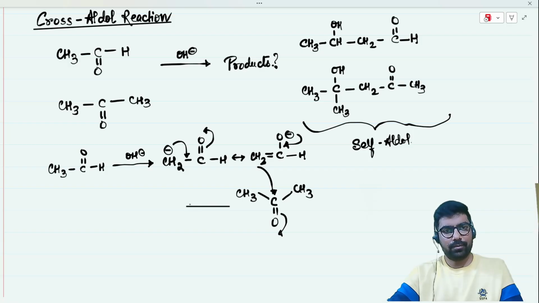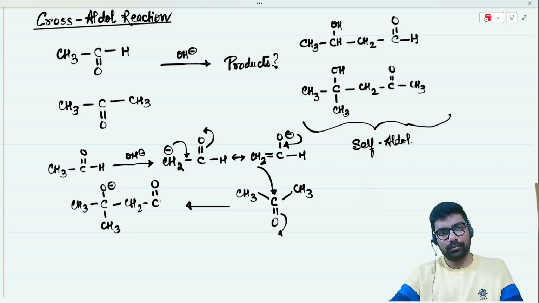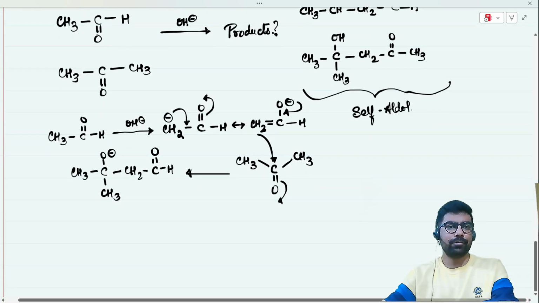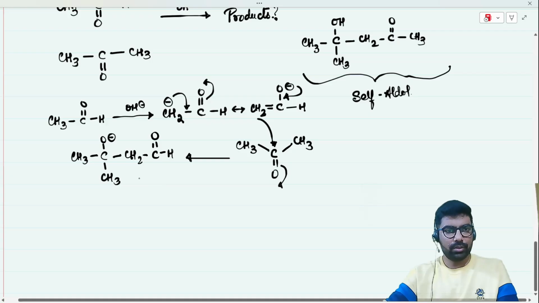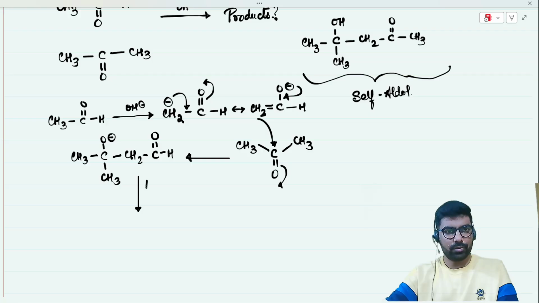Now we will have a condensation product in which CH3, CCH3, O minus, CH2, C double bond O, H is there. Again, if H2O is there, it will take one proton from H2O.